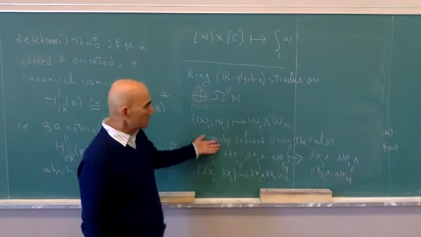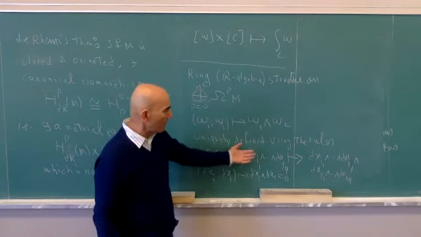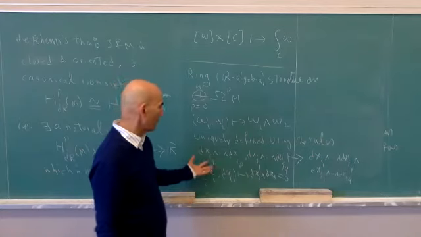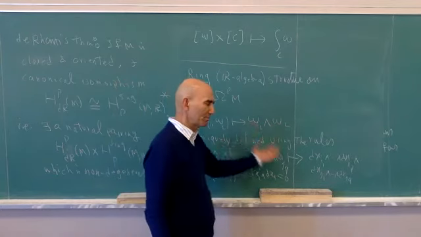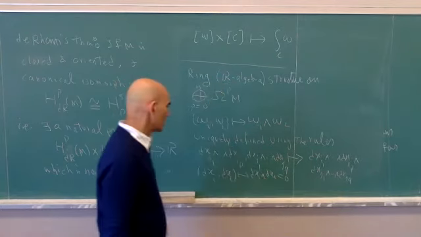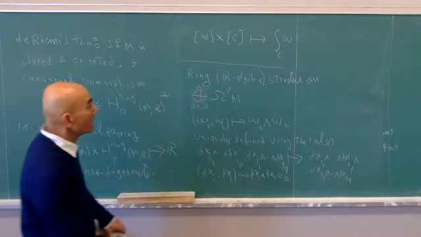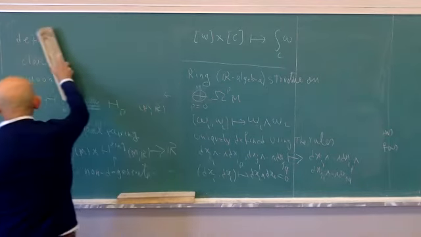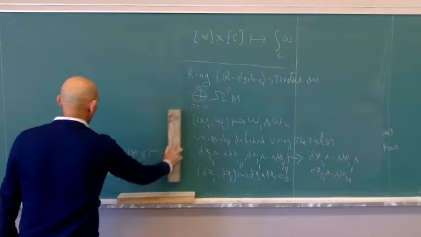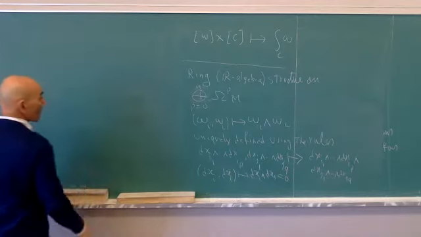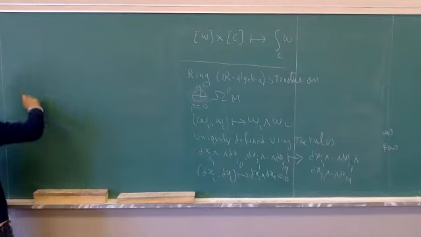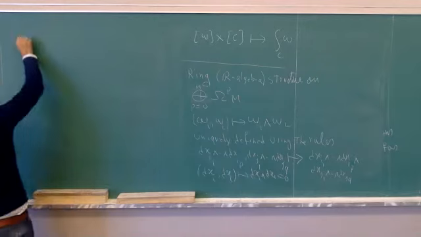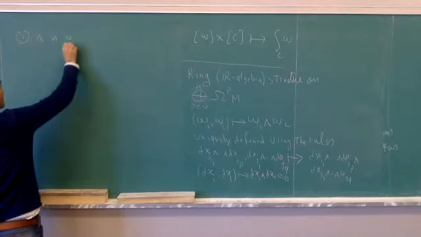This is completely straightforward by defining it like that. Of course, if you want to be very careful, you have to make sure that this is well defined, but it is. So it gives us a ring structure here, and this ring structure has some nice properties. It's graded commutative. First of all, wedge is graded commutative.